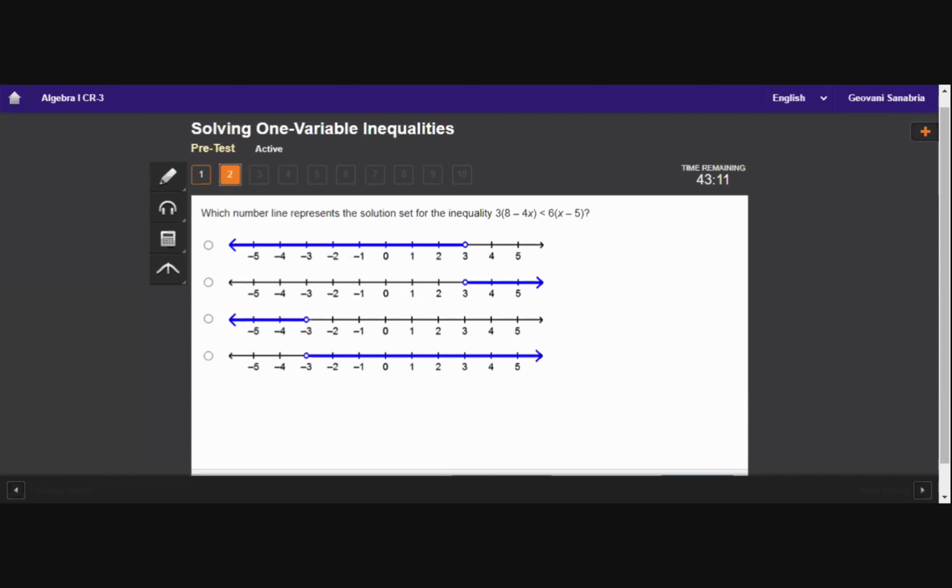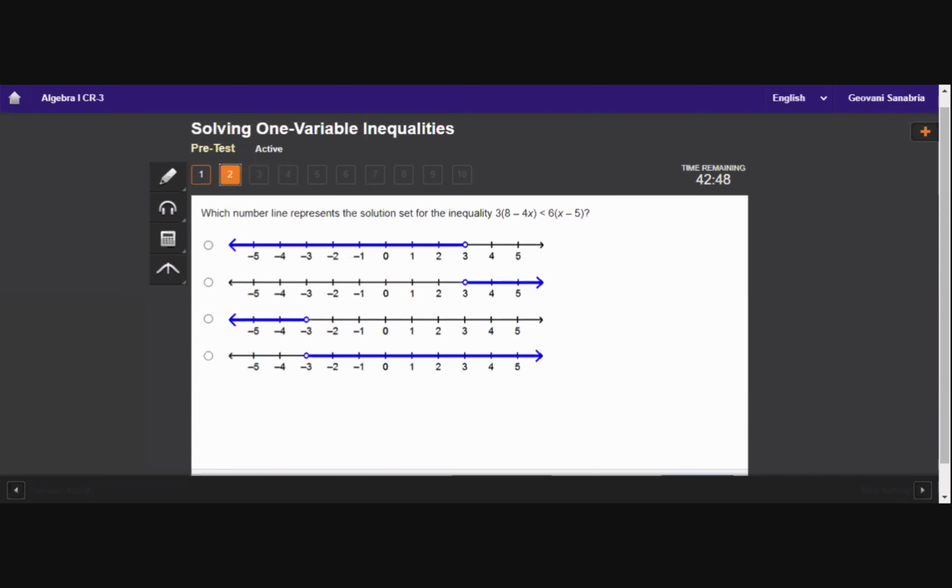If you plug in the 4, is 3 less than 4? Yes, it is. If you plug in 5, is 3 less than 5? Yes, it is.